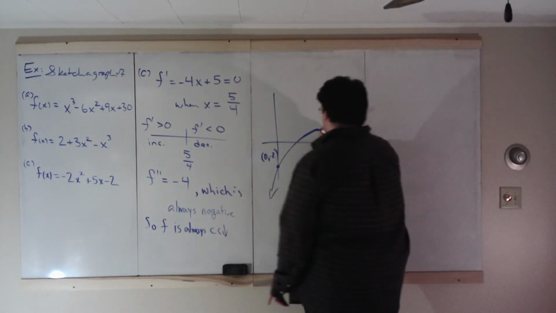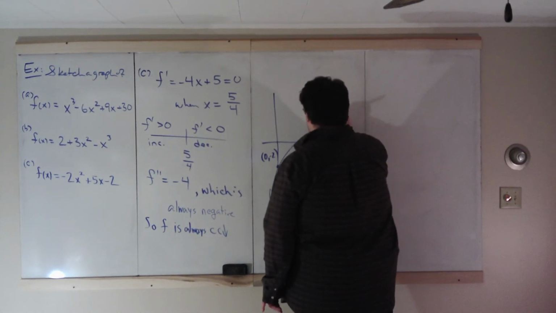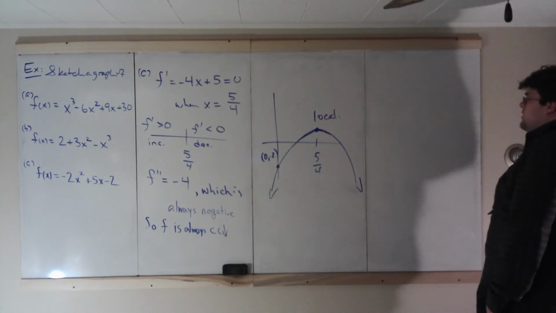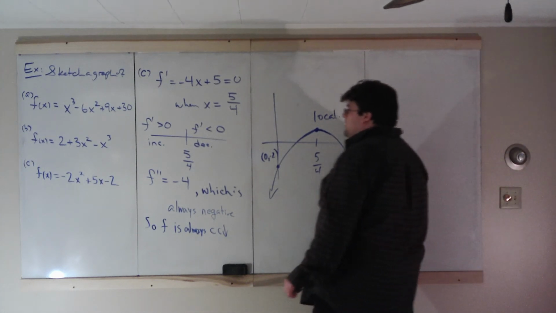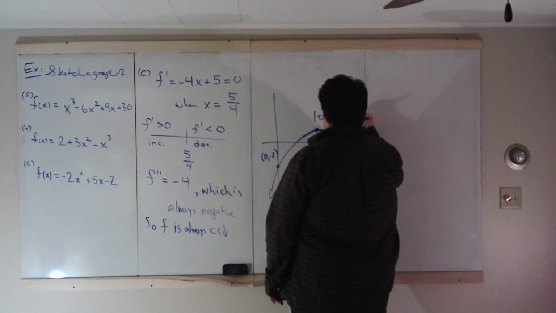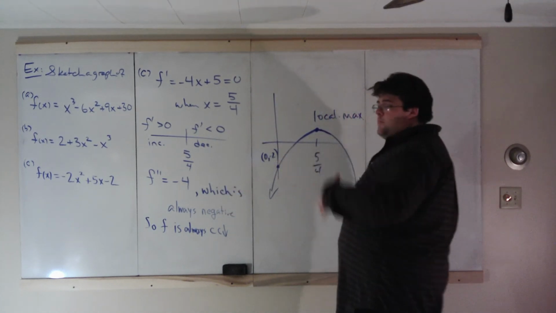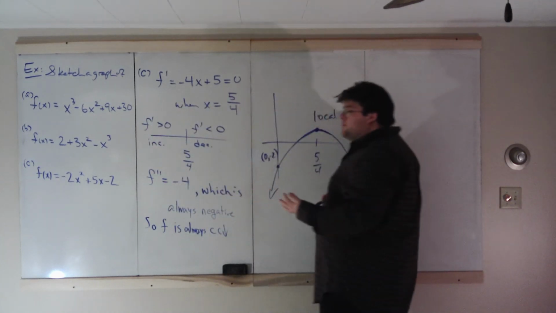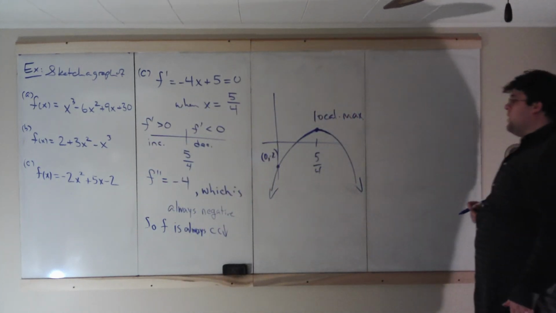And here we have a local maximum. You notice, I didn't really mention this in the graphs, but we have a local maximum because it goes from increasing to decreasing, and it's continuous there. And similarly for the local minima, they all went from decreasing to increasing. And you can see that in that number line.